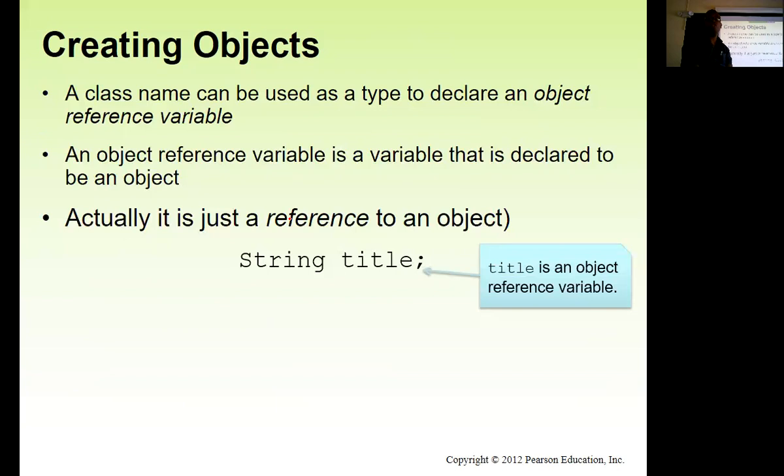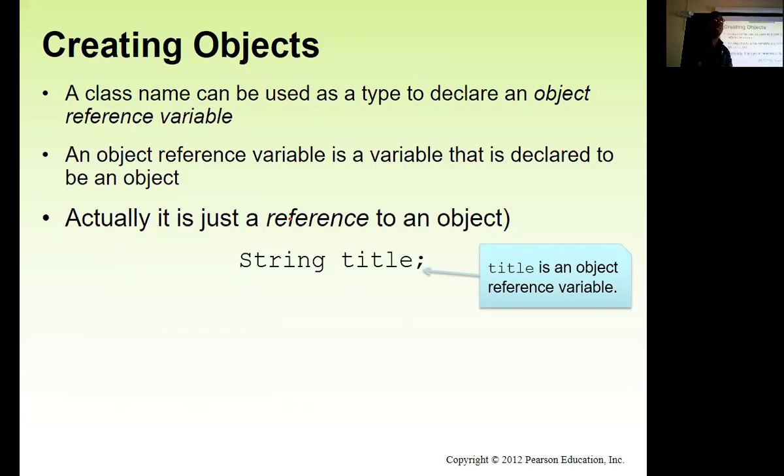Now, String, of course, String is an object, it is built into Java. So we can use String, and the word title would create for us a reference variable of type String. So it's referencing an object which is of type String.